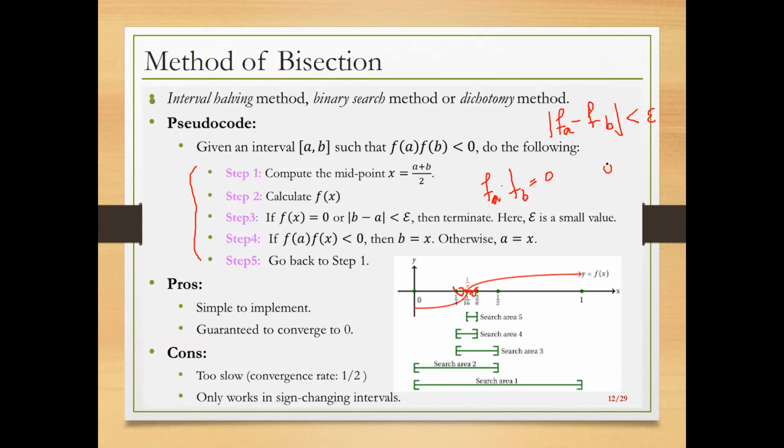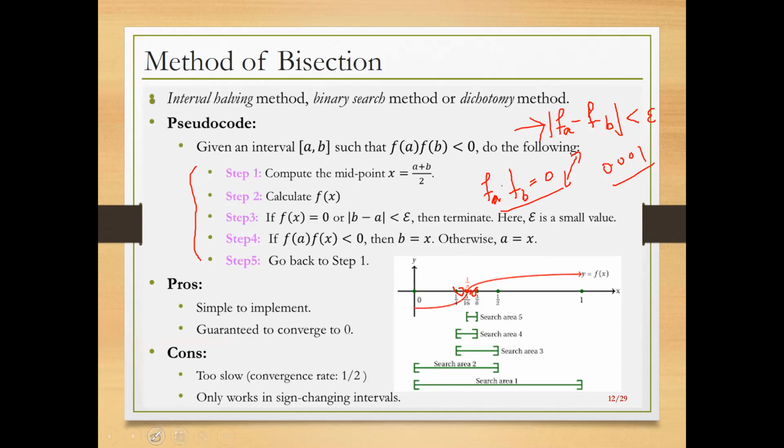So let's say epsilon would be 0.001. As long as this difference is greater than 0.001, you keep doing this. So you can set a termination condition. These are the two termination conditions that come to mind first. This one and this one. Clear?